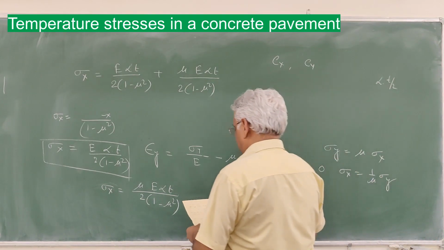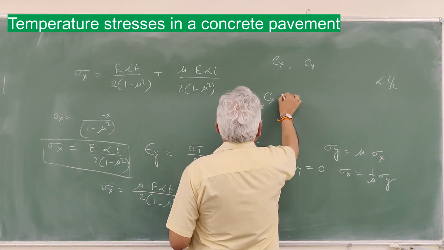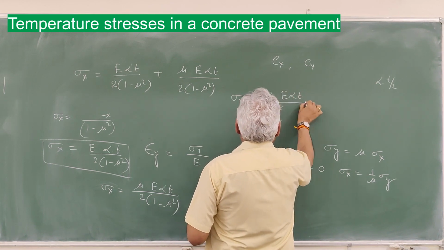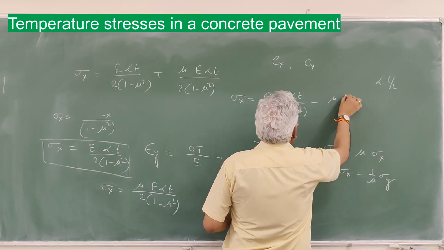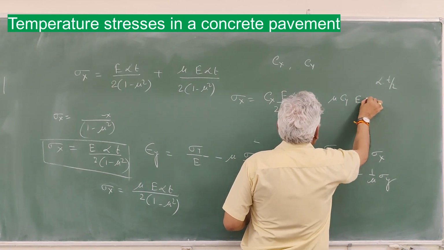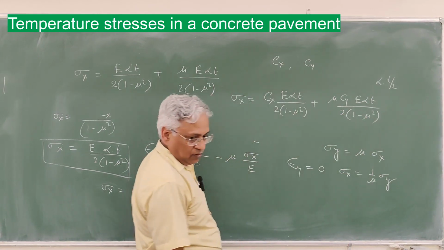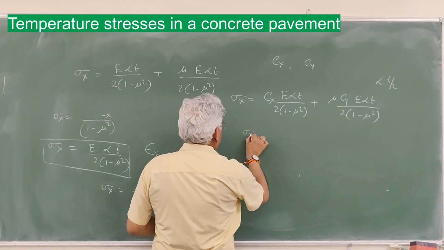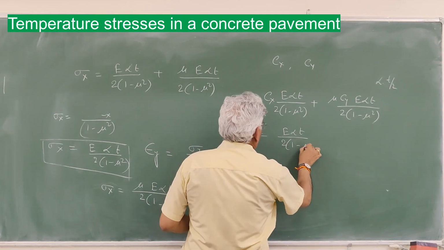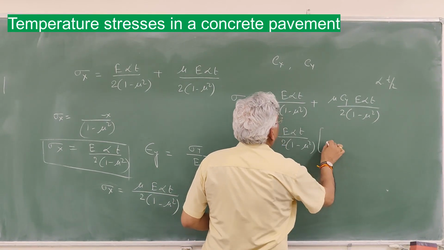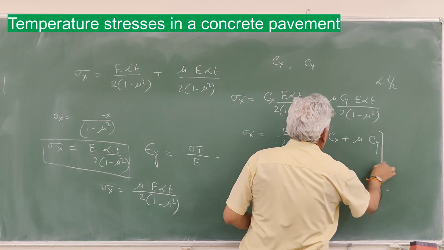So for a finite slab, the sigma x will be equal to Cx into E alpha t upon 2 into 1 minus mu square plus mu into Cy E alpha t upon 2 into 1 minus mu square. Or it can be E alpha t upon 2 into 1 minus mu square into Cx plus mu into Cy.